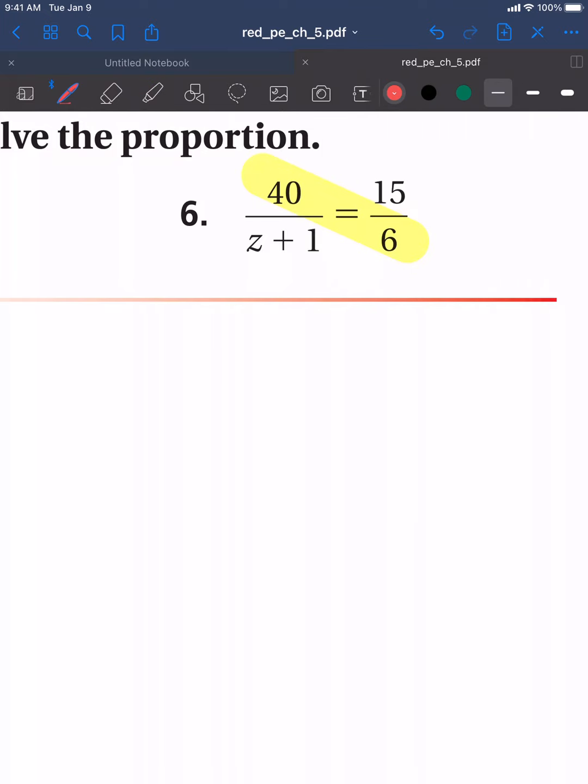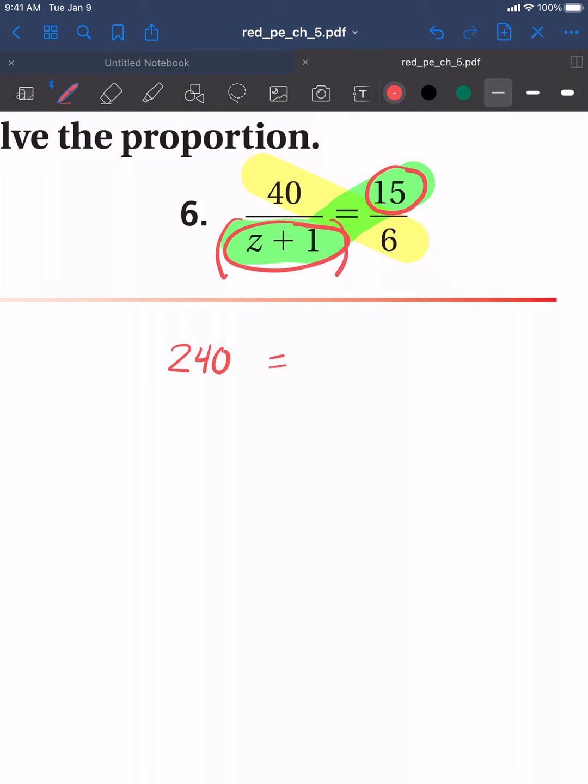40 times 6 is 240 equals, and now we're going to cross multiply these other guys. Now, when I cross multiply these other guys, here's the only thing you have to remember. I'm taking 15 times this whole thing. If I'm taking 15 times that whole thing, I have to remember parentheses and the distributive property.